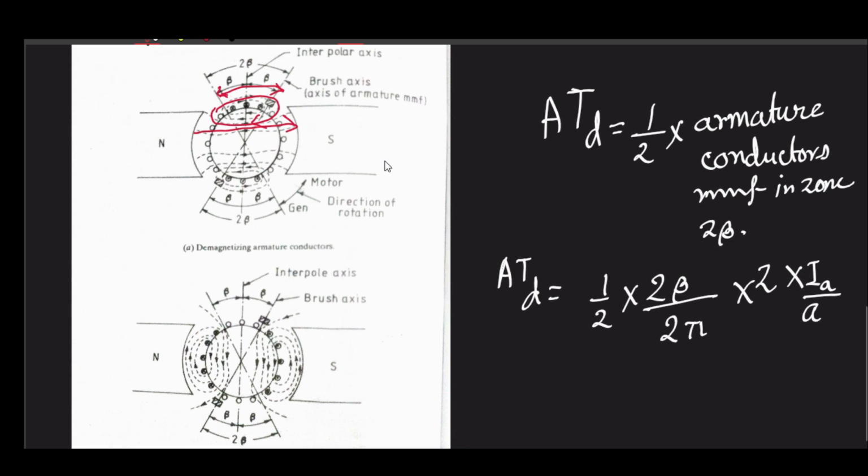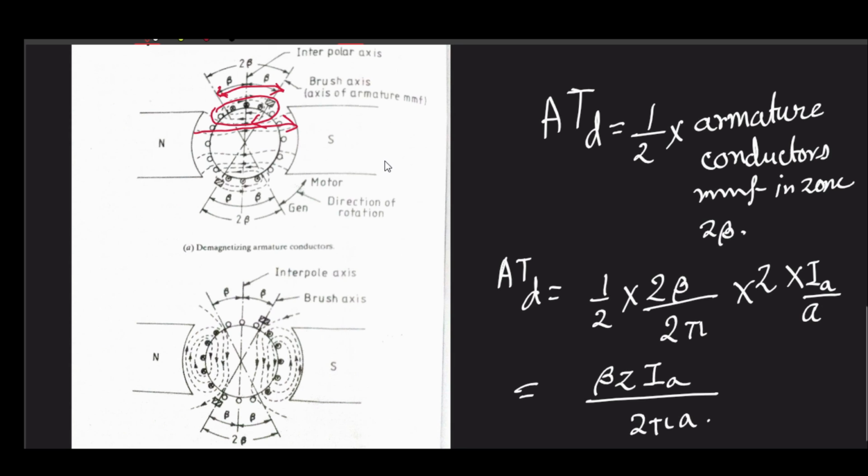These remain constant. Now what is the portion of the conductor that is placed in this region? That is 2 beta by 2 pi. So that will be how much? Right.